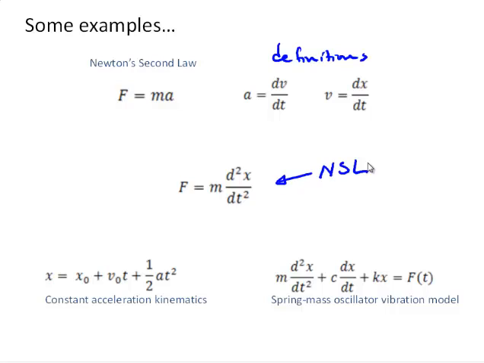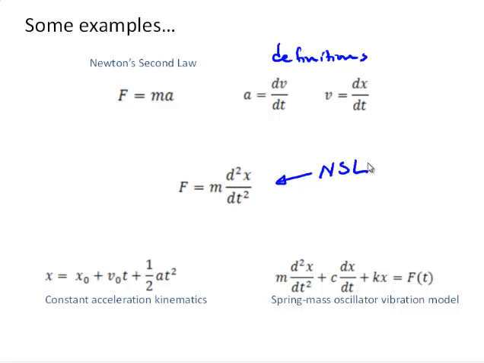Same basic model, but expressed a little bit differently. In the first case, F equals ma, we have a simple algebraic relationship between acceleration, mass, and force. In the second example, we have F equals m times the second derivative of x, or position, with respect to time, and that is now a simple differential equation.